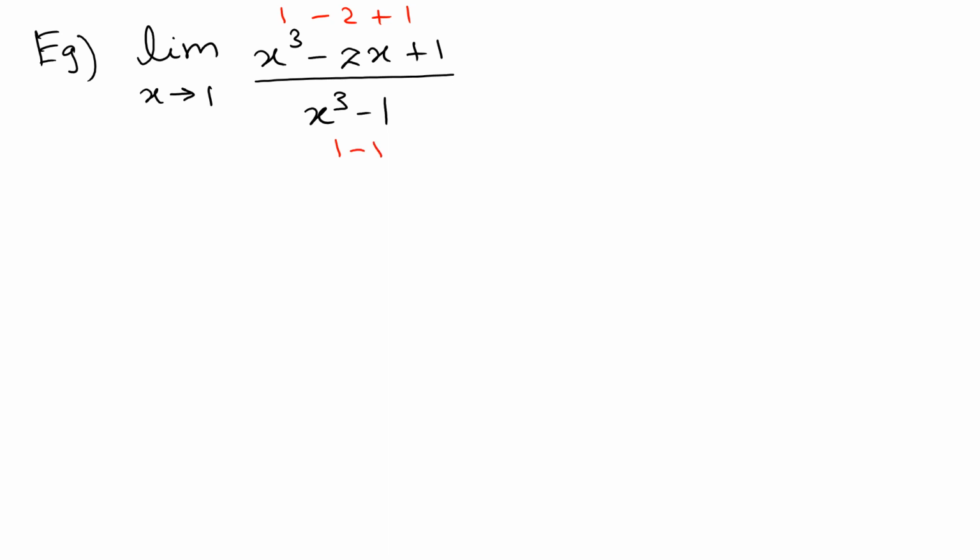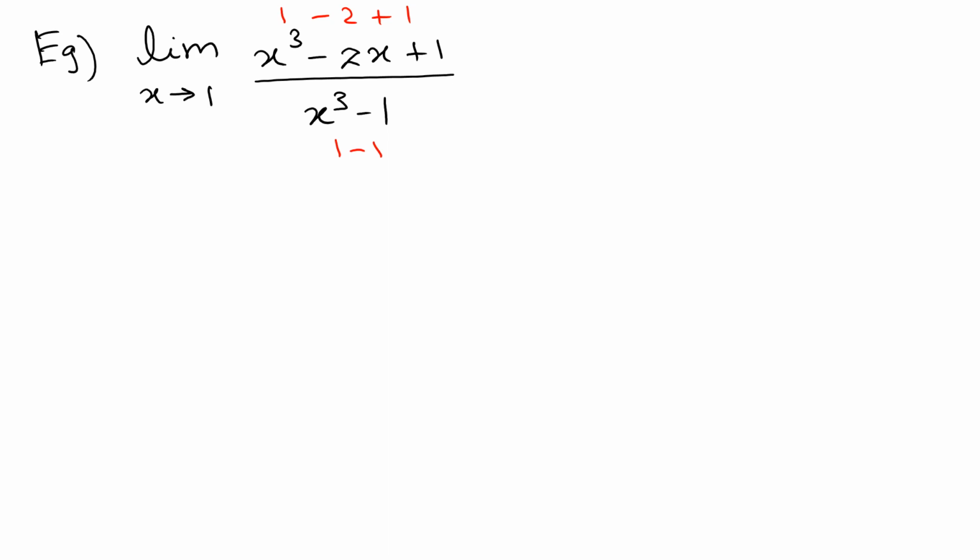By the factor theorem, x minus 1 should be a factor. So normally we find the x minus 1 factor in the numerator and denominator and cancel it out, and then you plug in the value if it is not something divided by 0 or 0 over 0. That's the normal approach.